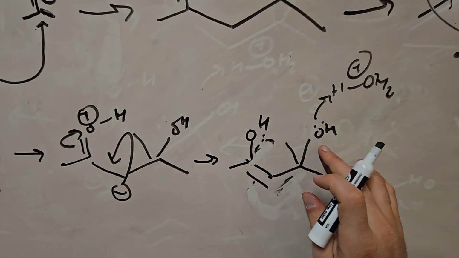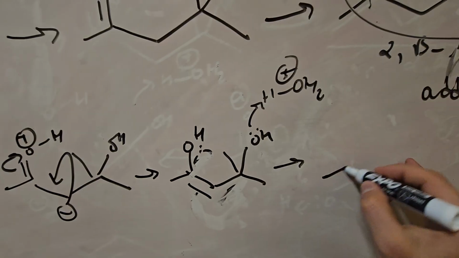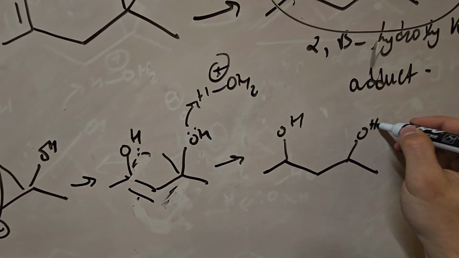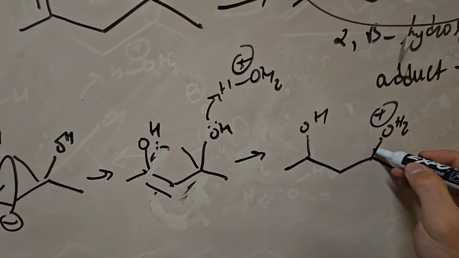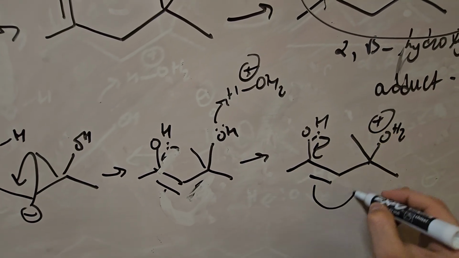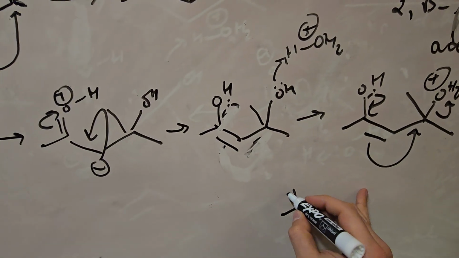We need to make this a good leaving group, because this is going to leave so we can then condense. Right, now the lone pairs come down and the pi bond shifts so that we can kick out water.